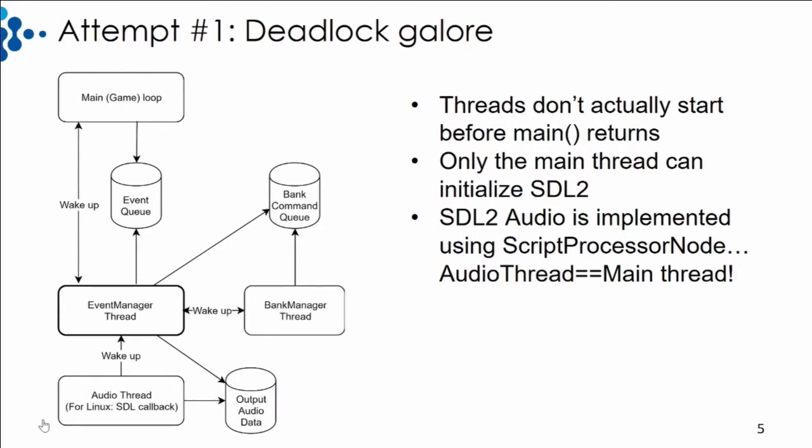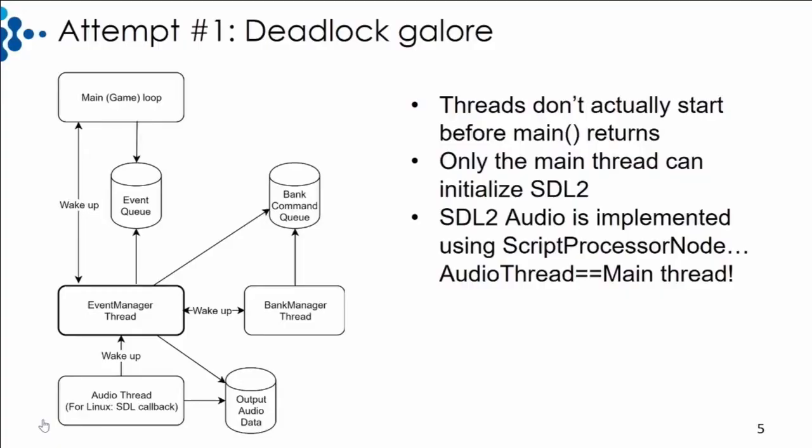And this was very problematic for Emscripten because we found out that the SDL2 implementation in Emscripten is based on the old script processor node of Web Audio, which implied that the audio thread here was actually the same thread that you see above. They are not different.